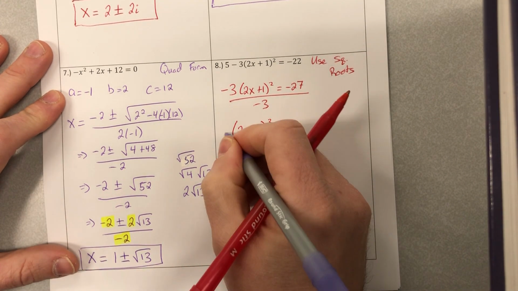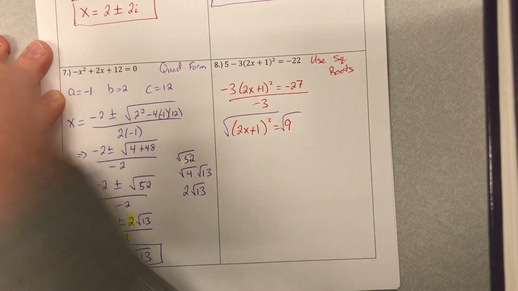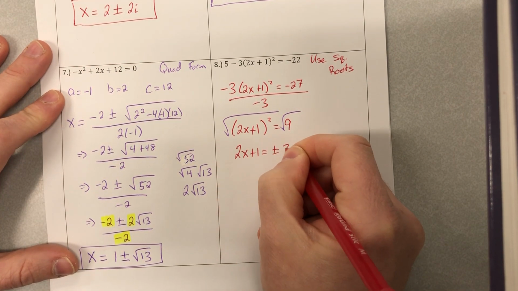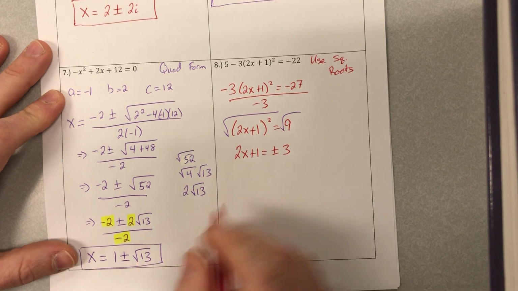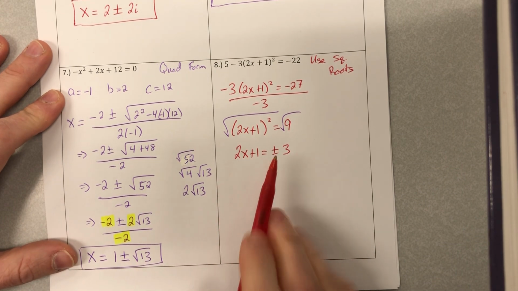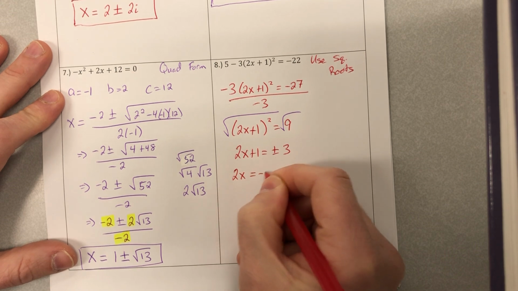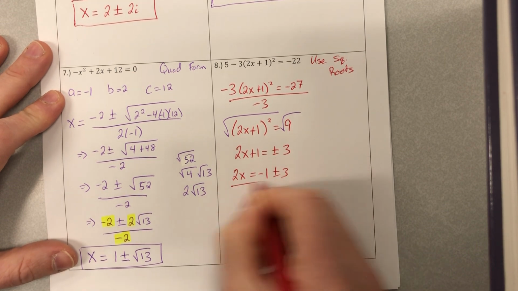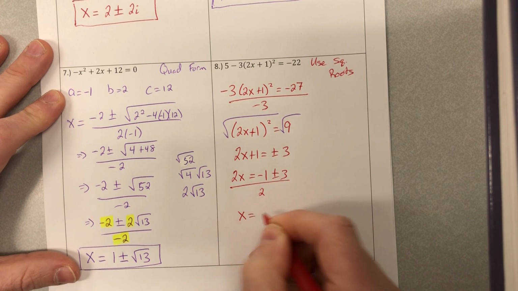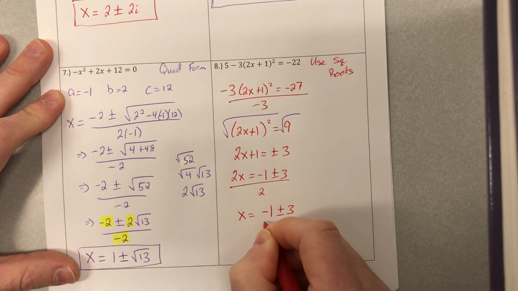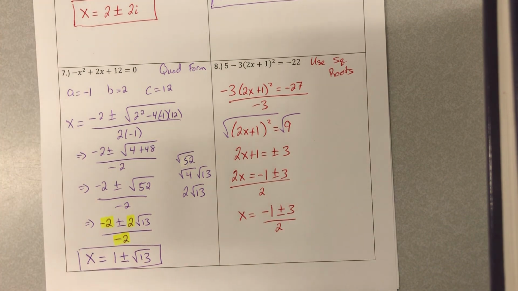Now, the quantity that's squared is by itself. We take the square root of each side. We would now have 2x + 1 equals plus or minus 3. We subtract the 1, and then we divide everything by 2. So our answer is (−1 plus or minus 3) all over 2.